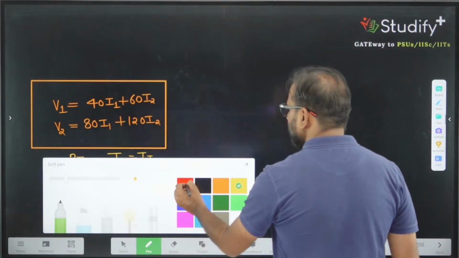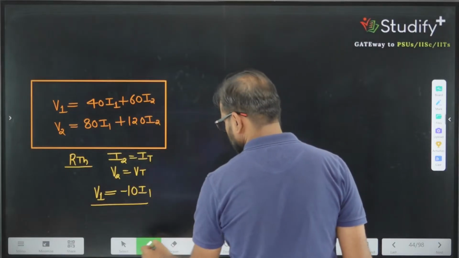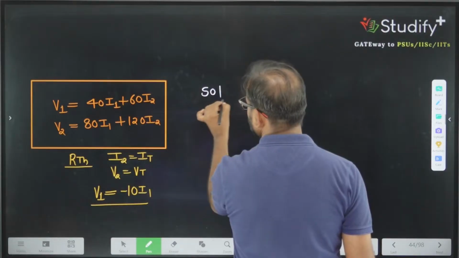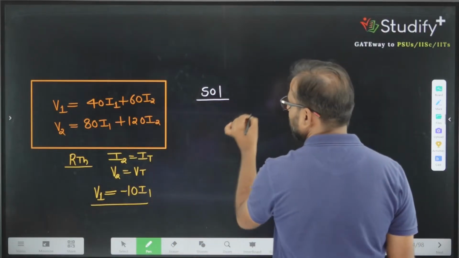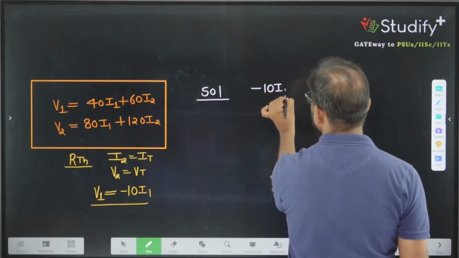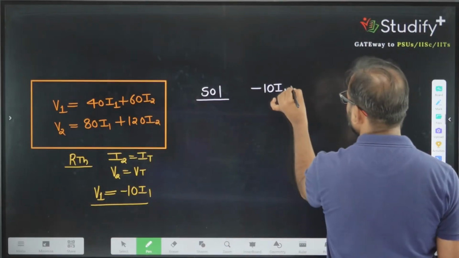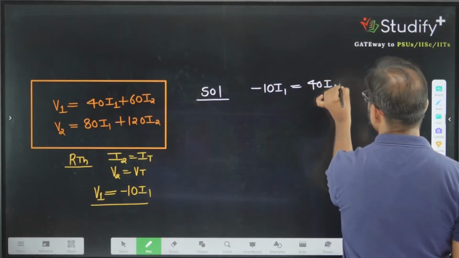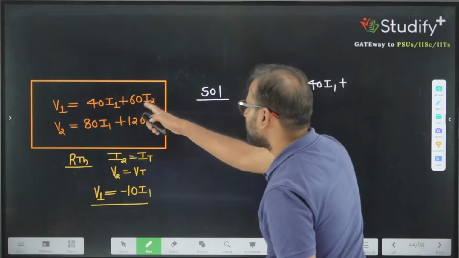If you put this value here, what is V1? V1 is minus 10 times I1. Minus 10 times I1 equal to 40 I1 plus how much? 60 I2.